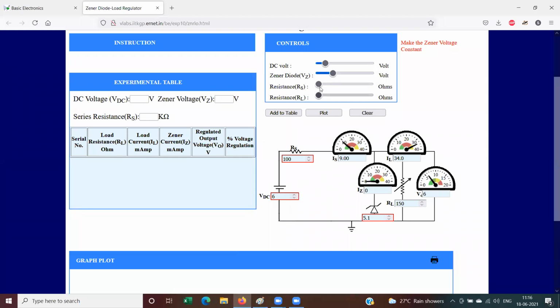Just ignore this value, it's giving strange things. Start with RL equal to 600 ohms. Ignore values below 600 ohms. It is giving strange results.